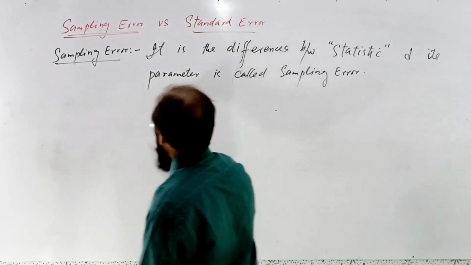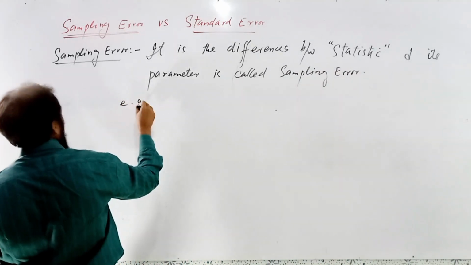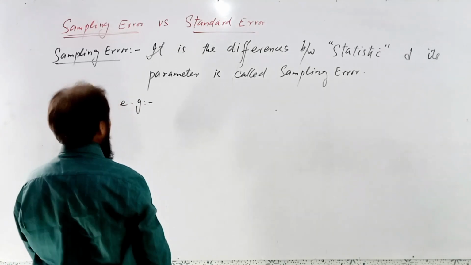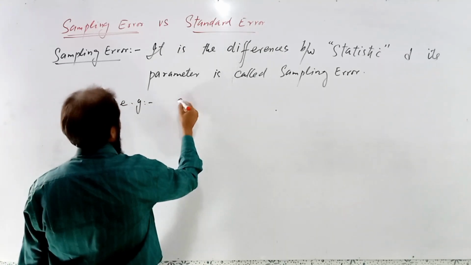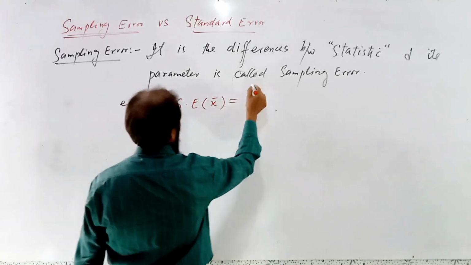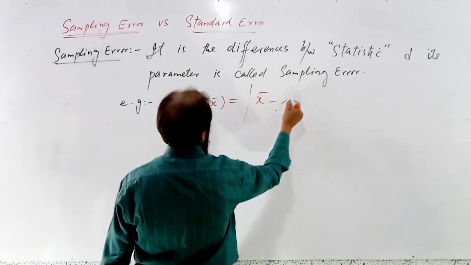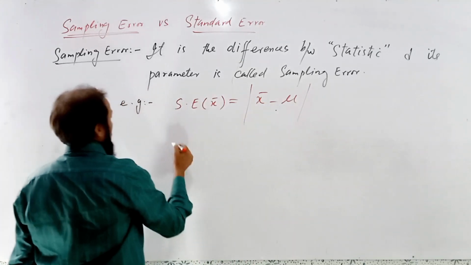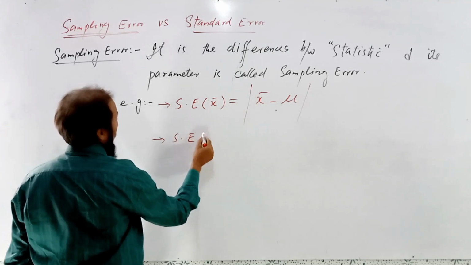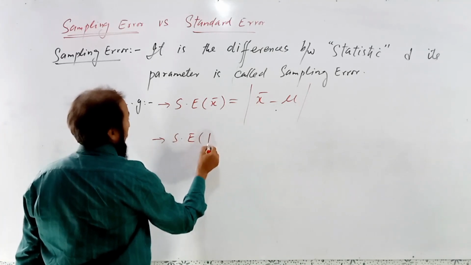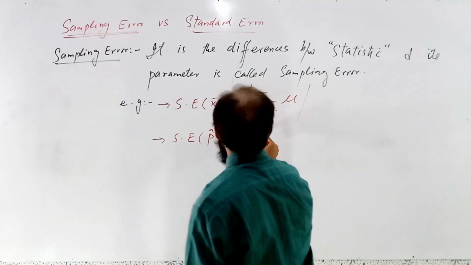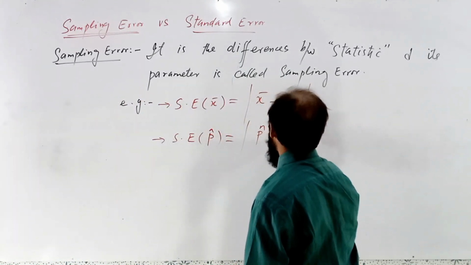For example, the sampling error of the mean is equal to x bar minus mu. The sampling error of proportion will be p hat minus p.